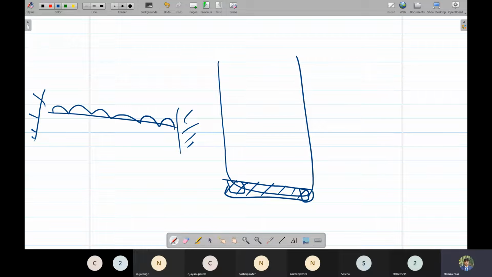Because we anchor the column steel into the beam steel, moments will be transferred from beam to column, and the support would be a fixed support. These moments would finally be transferred to the columns. Okay, so this is how we have to draw the free body diagrams of the beam.